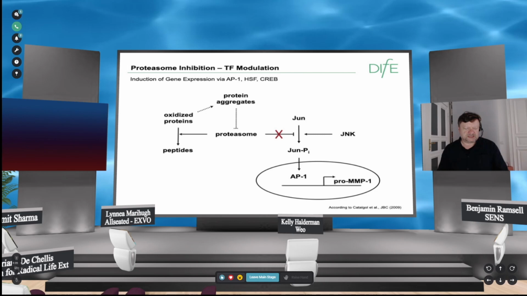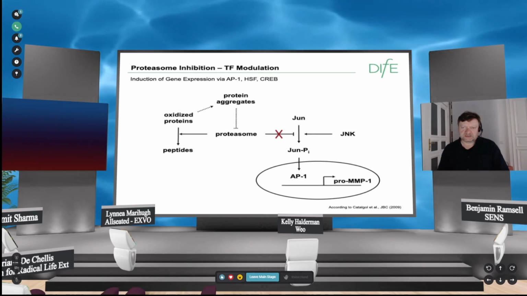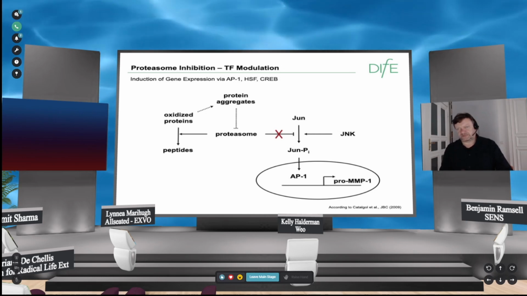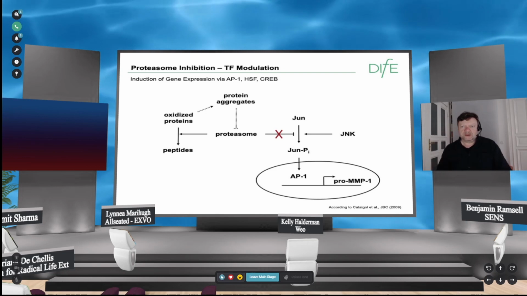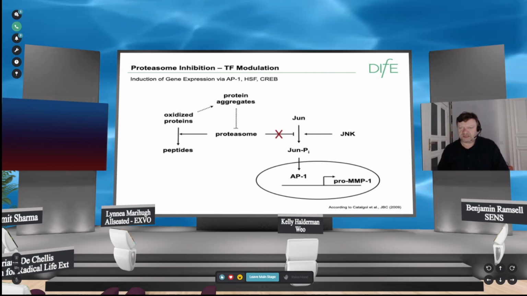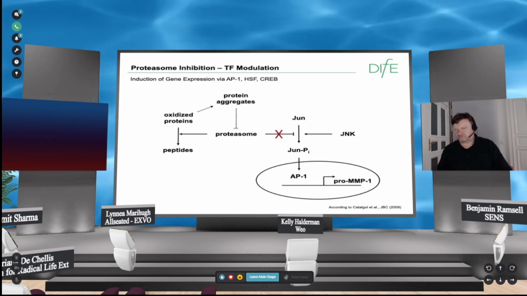So if you now have a lot of protein aggregates, the proteasome is blocked. And of course, as I told you before, the degradation of oxidized proteins is blocked due to a reduced activity of the proteasome. But since the proteasome is one of the limiting factors regulating the amount of Jun, this pre-transcription factor, if you block the proteasome, you have an accumulation of the Jun protein.